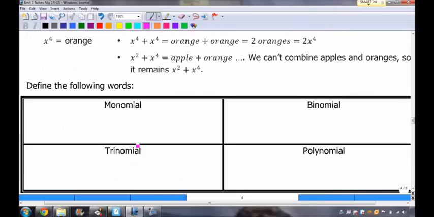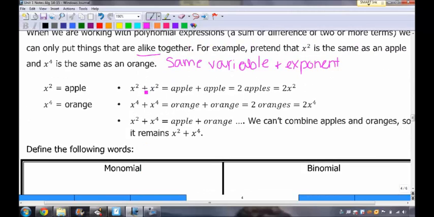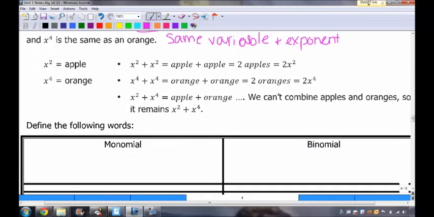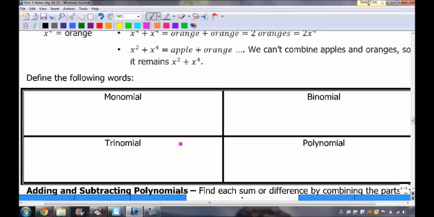So now let's define the following words, because we talk about what polynomials are, but we don't actually have them defined. A polynomial is just basically one or more algebraic terms. Okay, and then based on that, hopefully you understand poly means many, so that's where we have this one or more.